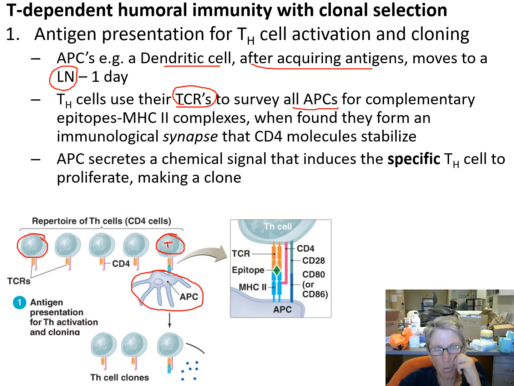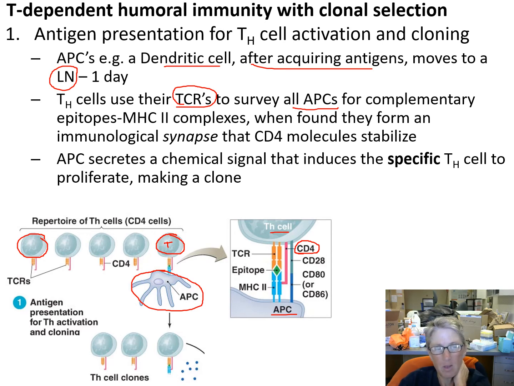And when they bind, like in this cartoon, so here's the helper T, here's the antigen presenting cell, when the T cell receptor recognizes the epitope MHC, they form an immunological synapse. And then the CD4 molecule on the helper T cell stabilizes it. And these other molecules are there too.